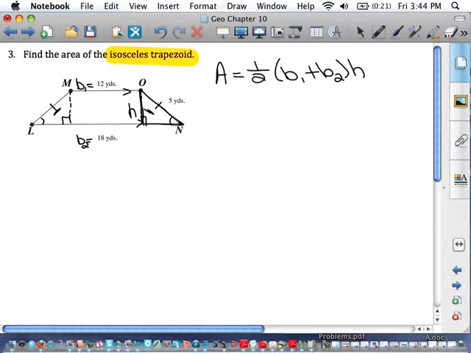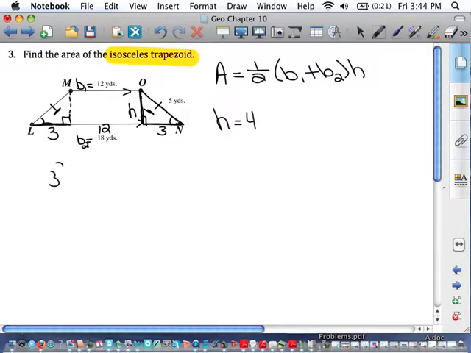If the hypotenuse is 5, and then I look at the difference in the bases, the difference in the two bases is 6, because this is 12, that means that the difference between 12 and 18 is going to be split between these two triangles. So this will be 3 and this will be 3. You might recognize pretty quickly that that's a 3, 4, 5 triangle, so the height is equal to 4.